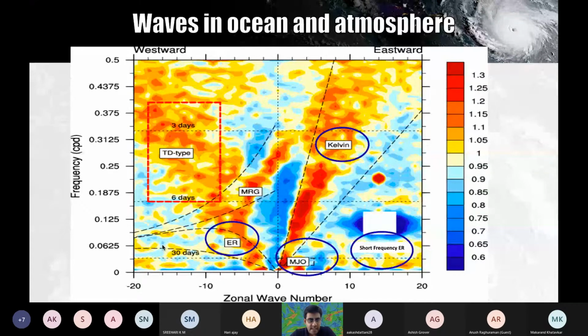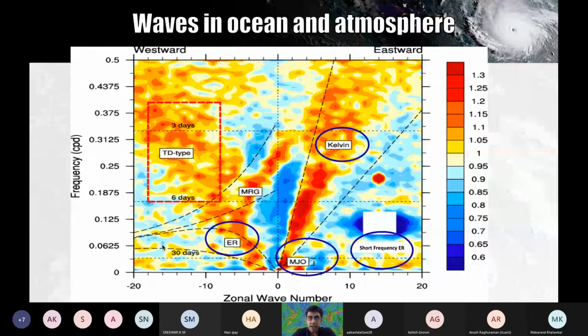If you understand that, then you can make a lot of sense of why a low pressure system is forming in the Arabian Sea or in the Bay of Bengal, and what it is going to do if the wave activity is active for, let us say, 2 weeks or 10 days or so, and what kind of things we can expect. This wave activity is probably one of the most important features that actually makes things very interesting.